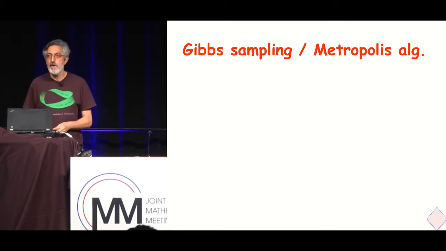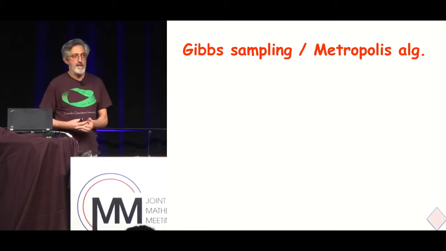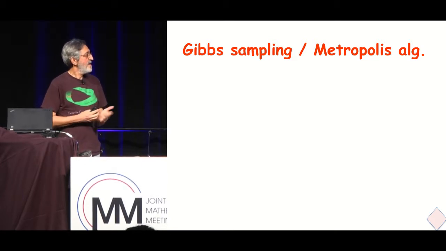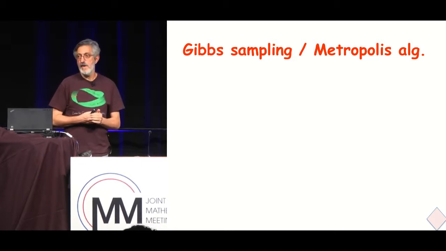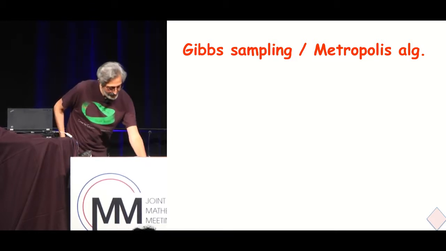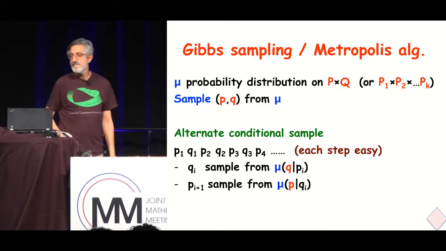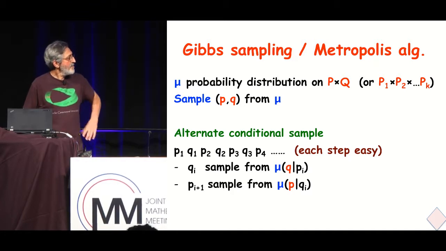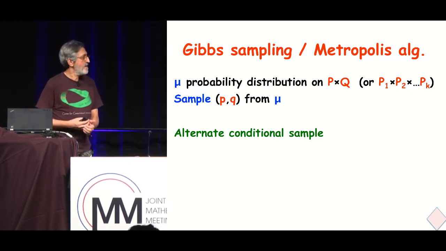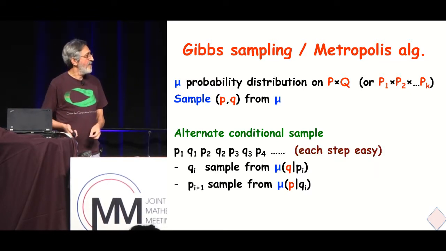Here's another place where it comes up. These things may be familiar to you, depending on which area you are in: in statistical physics, what's called Gibbs sampling or the Metropolis algorithm. What is this problem? You have a distribution on two or many parts, and you are trying to sample from it.